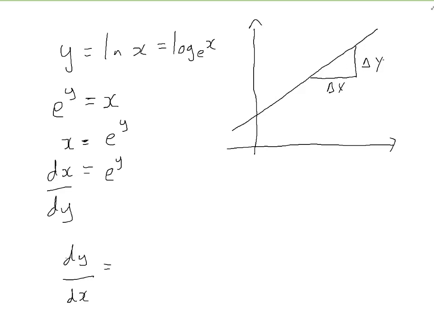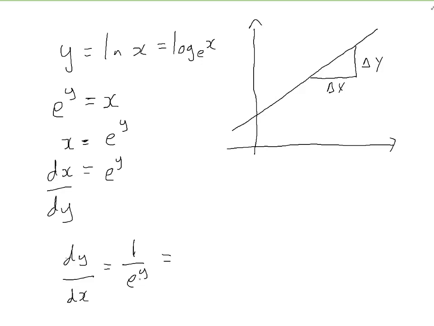So if you turn this upside down, delta y divided by delta x, that's an estimate of dy by dx. So this is the inverse of this. If you flip this upside down, you'll get this one. So it's 1 over e to the y. Okay, so it's just the reciprocal. dy by dx is 1 over dx by dy.